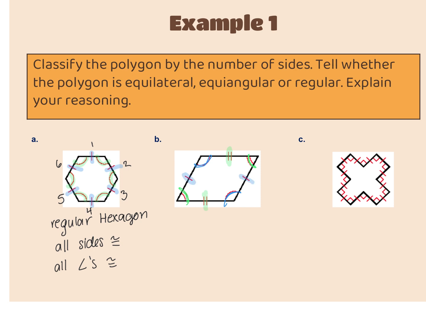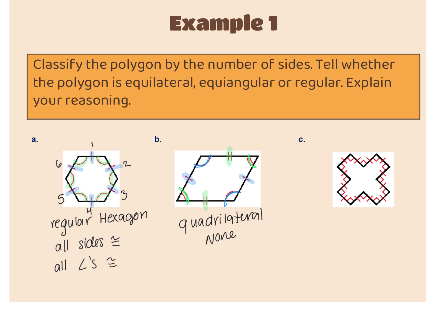And this one has 1, and those are congruent. Looking at the shape, this is a quadrilateral. Is it equiangular, equilateral, or regular? This is none, because it doesn't have the same measures for the angles, and it doesn't have the same sides.